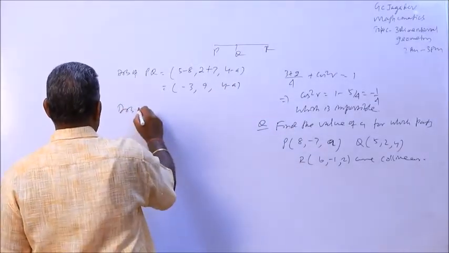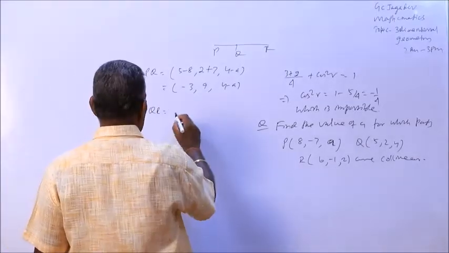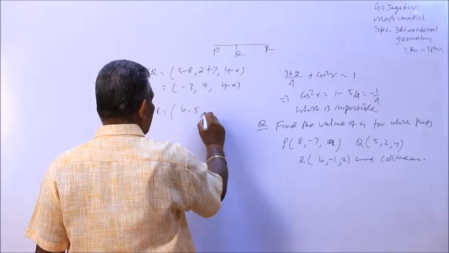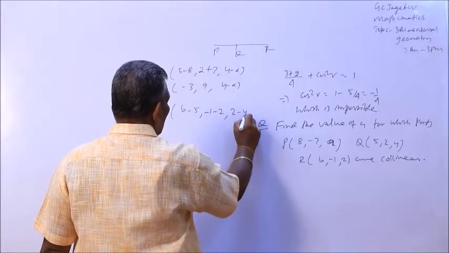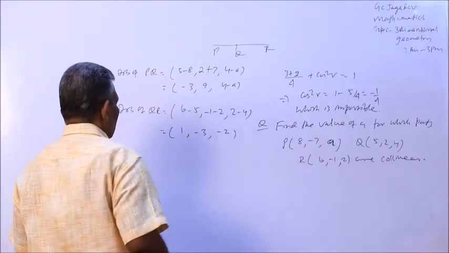DRs of QR: 6 minus 5, minus 1 minus 2, 2 minus 4. That is 1, minus 3, minus 2.